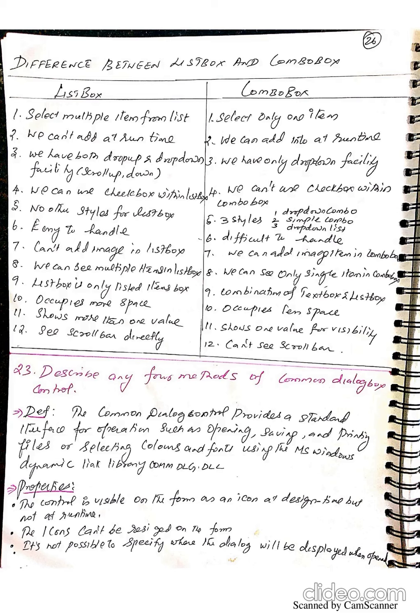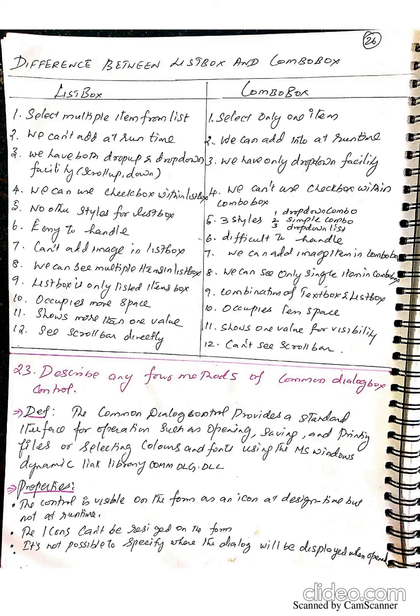Properties: the control is visible on the form as an icon at design time but not at runtime. The icon can't be resized on the form. It is not possible to specify where the dialog will be displayed when opened.